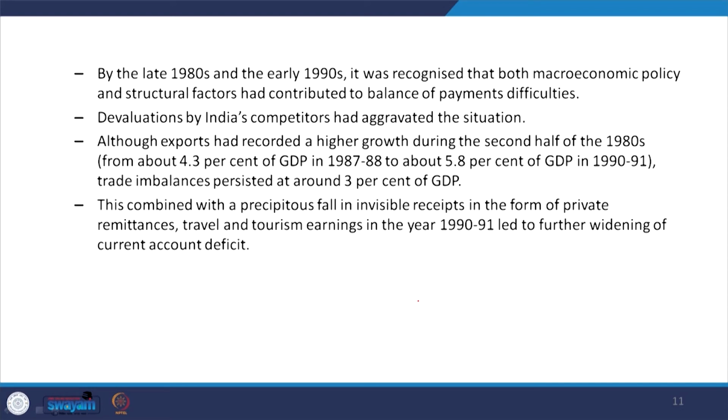This, combined with a precipitous fall in invisible receipts in the form of private remittances, travel and tourism earnings in the year 1991, led to further widening of the current account deficit. Basically, the fall in invisible receipts from the services sector, especially private remittances, travel and tourism, resulted in a further widening of the current account balance.